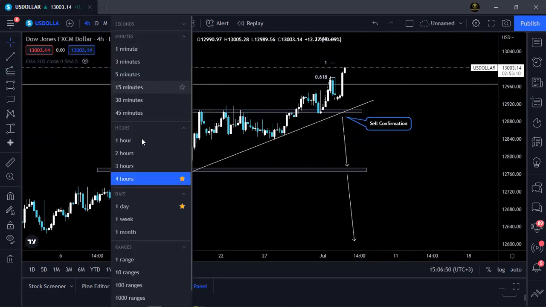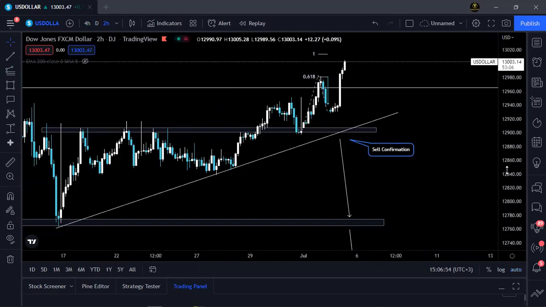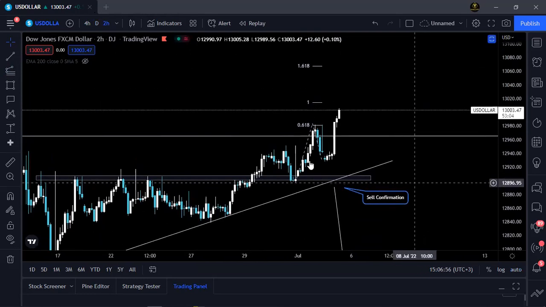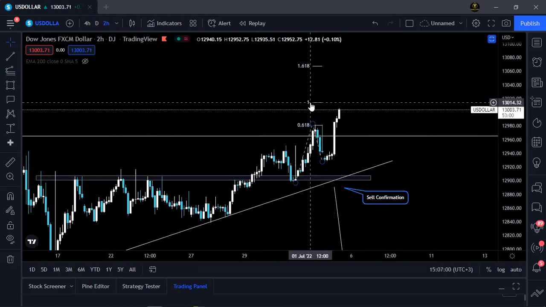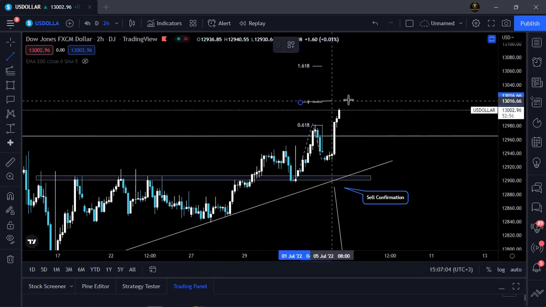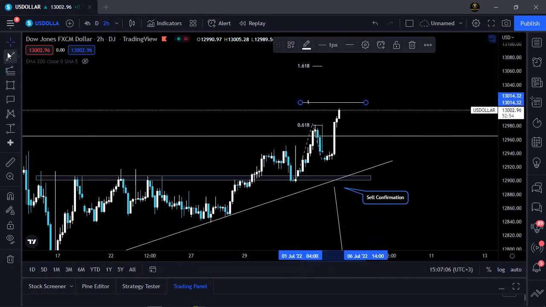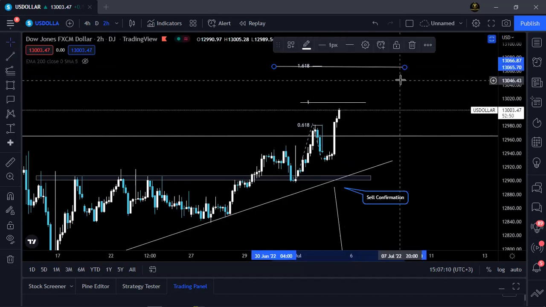Because we don't have an all-time high or a resistance to actually measure it to, we are using a Fibonacci extension. So I expect to see prices reach here at around 1, first targets, and at around 1.618 final targets.